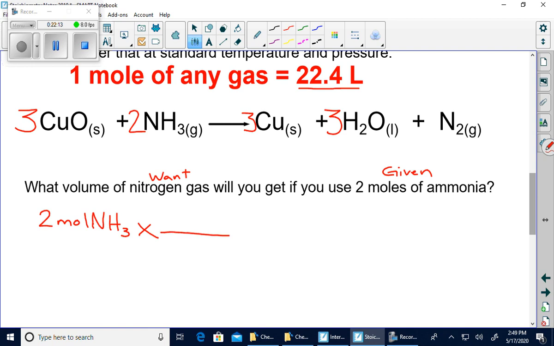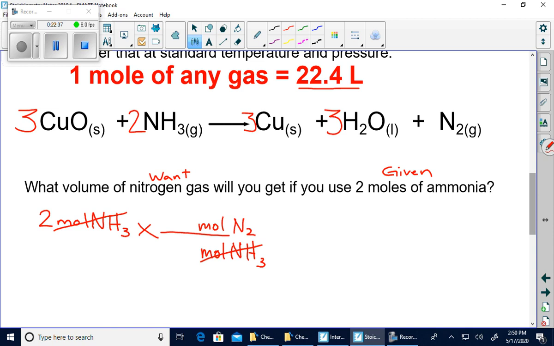So that means I need my mole ratio step right here to go from ammonia to nitrogen. On the bottom of this conversion factor, I'll put my moles of ammonia, and on top, I'll put moles of nitrogen. So that cancels.